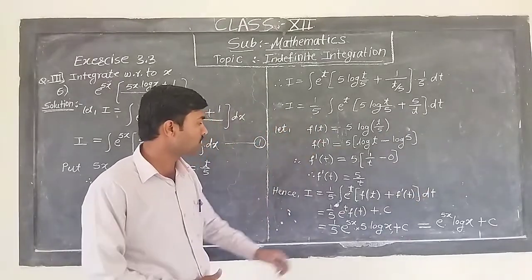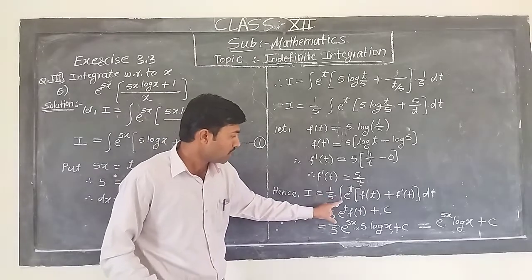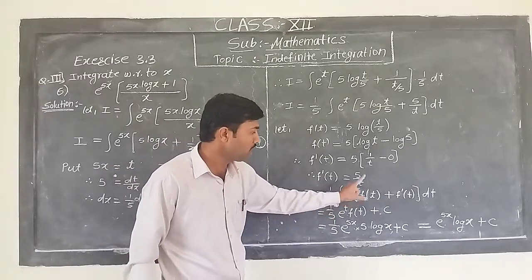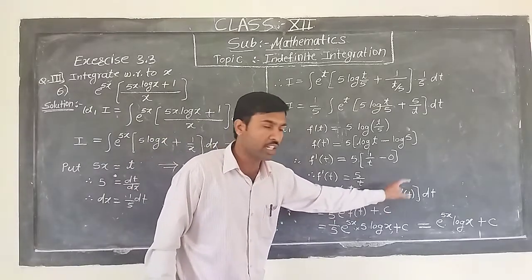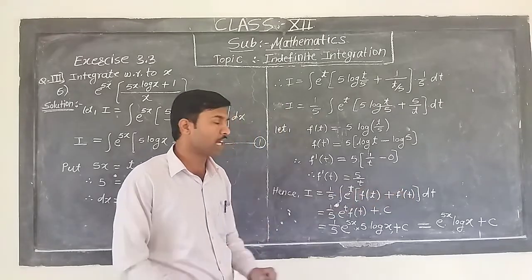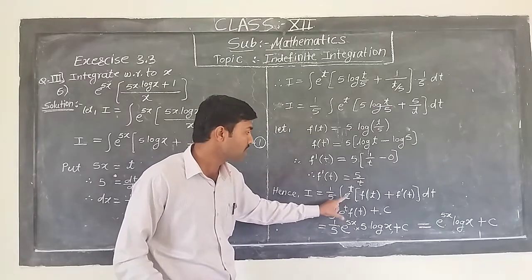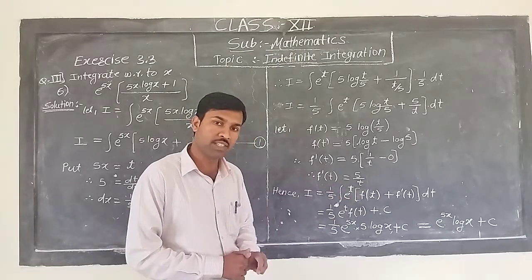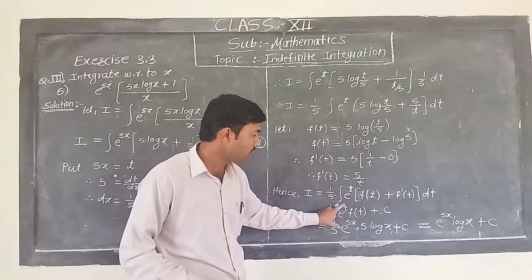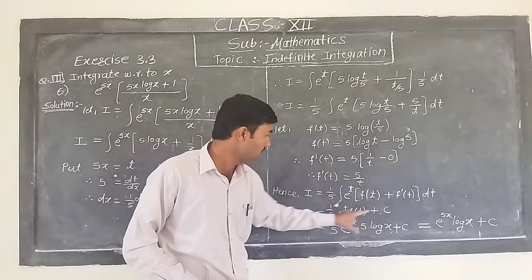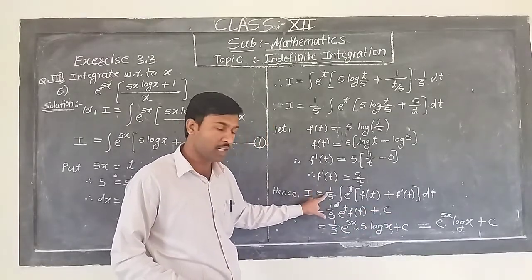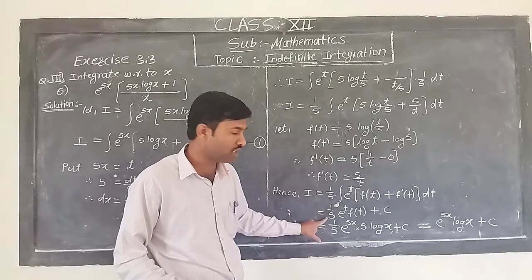Now if you observe this term, you will see that the integration of e raised to t into f of t plus f dash t, dt is of the same type. For such a type of integration, the answer is always e raised to t into f of t plus c. So I write e raised to t into f of t plus c, and this 1 upon 5 is in multiplication, so it remains as it is.